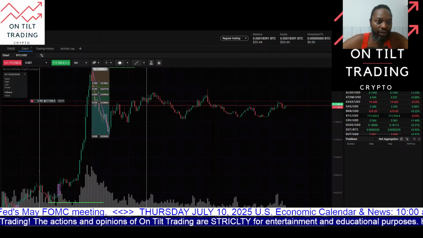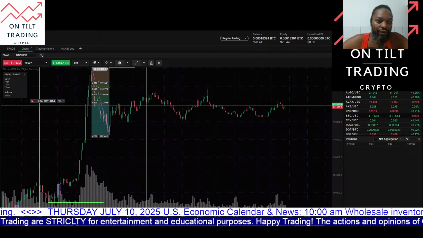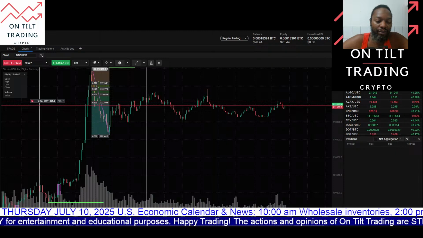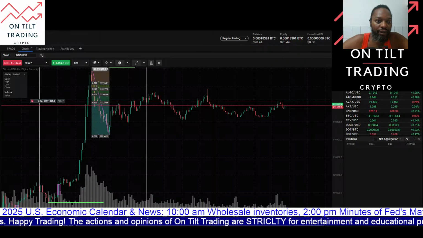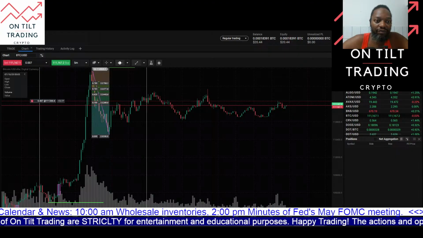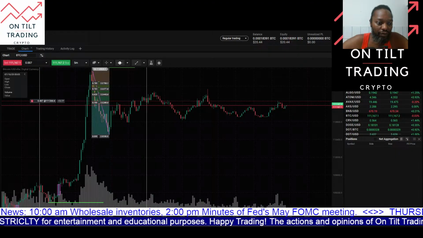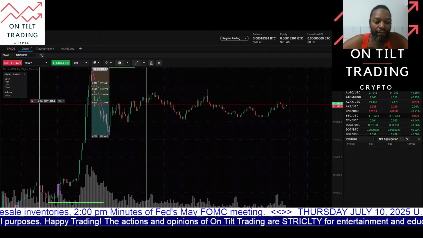So currently, I have this new all-time high here as the current range high, or as the previous range high, and then down here, here's the previous range low.